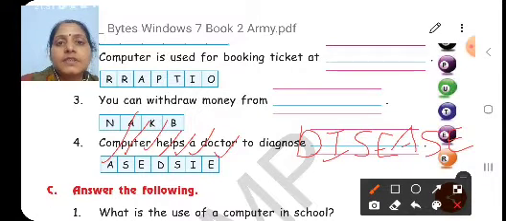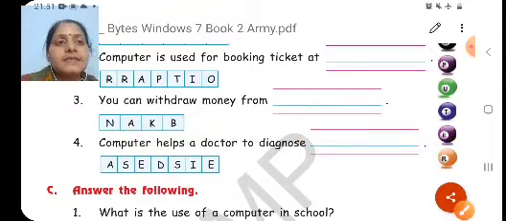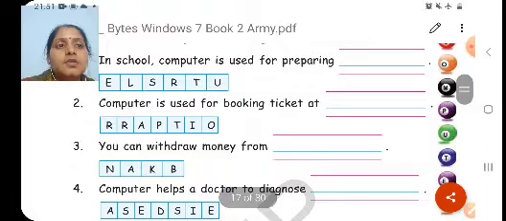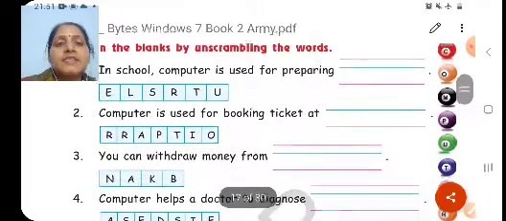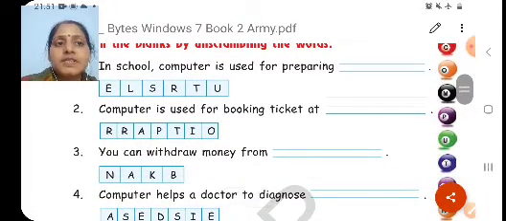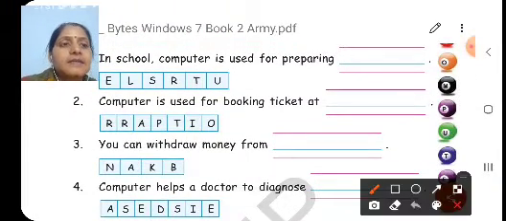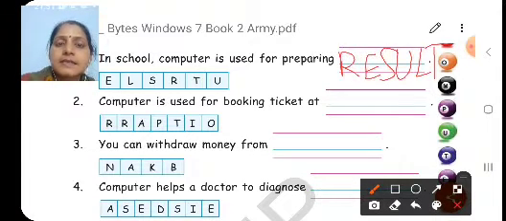So children, with this we have completed question number B also. Let us revise. In question number B we have 4 questions. First one is, in school computer is used for preparing result. Here you will write R-E-S-U-L-T, result.